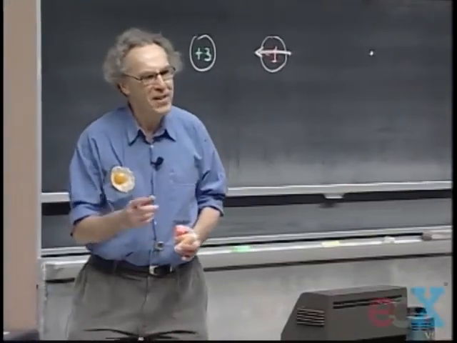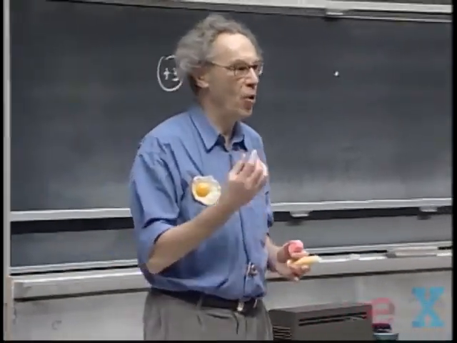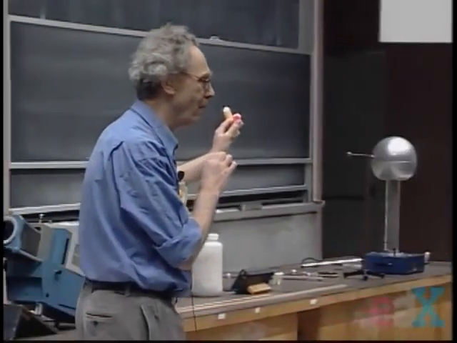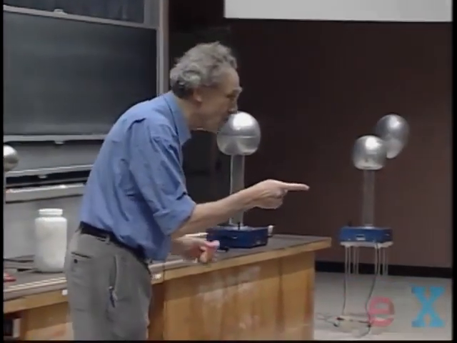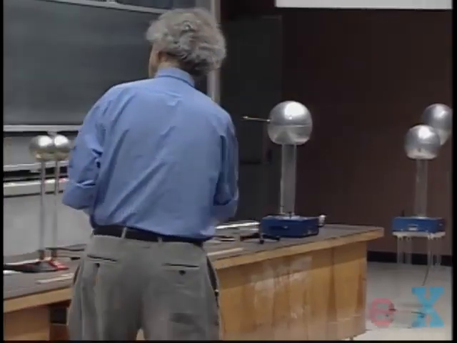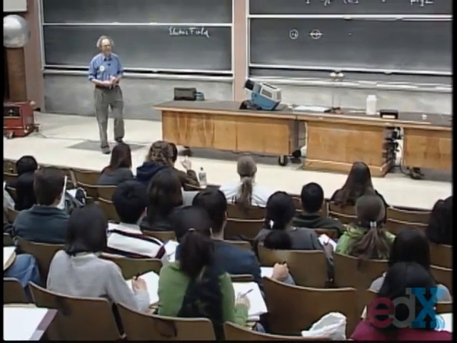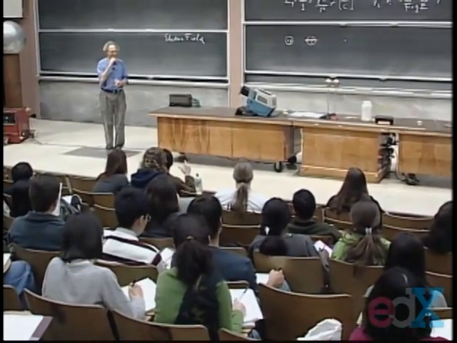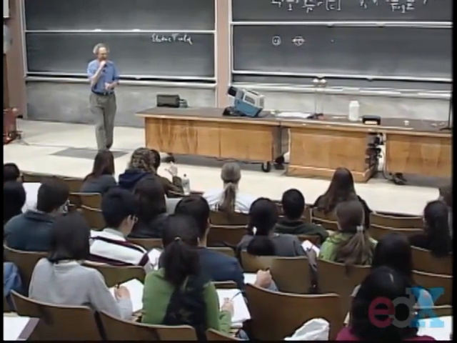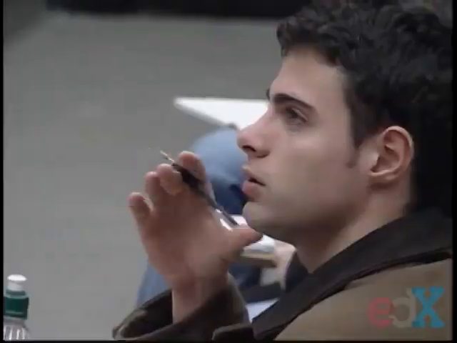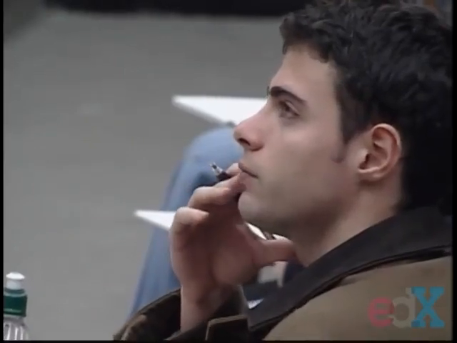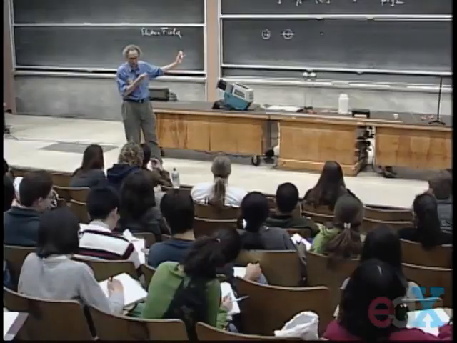What do you think now is the direction of the force on my plus charge? Very far away. Excuse me? Why do you think it's to the left? Do you think -1 wins? So you really think the -1 is stronger than the +3, because the +3 would push it out, and the -1 tries to lure it in, right, if the test charge is positive.